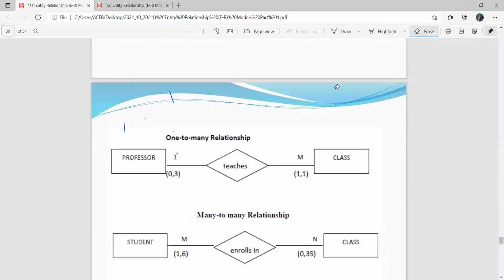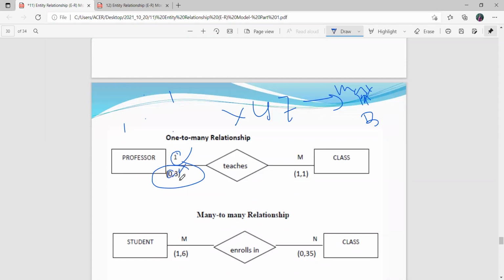So according to the XYZ administrator, the maximum number of classes conducted by a professor is equal to 3. This side is for the professor. What is the maximum number of classes? It is 3, the minimum number is 0. So we can express the cardinality like this. So this is for the professor.